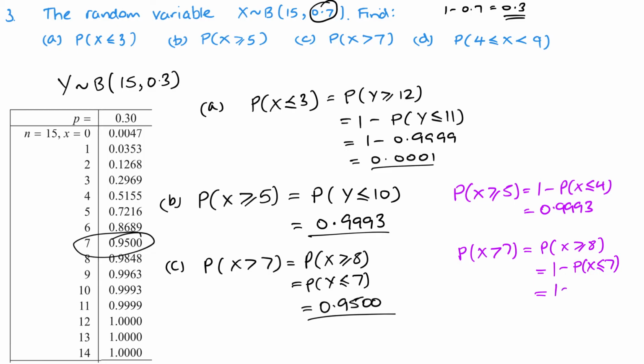And this is 1 minus 0.0500, which, as you guessed it, is 0.9500 when I do it to 4 decimal places. The exact answer it comes up with is 0.949987 and so on, which when you round to 4 decimal places, rounds these up.